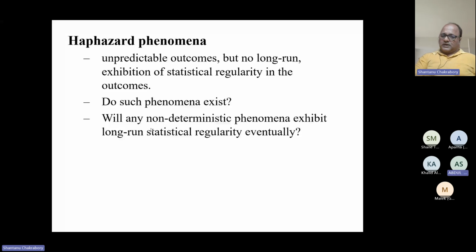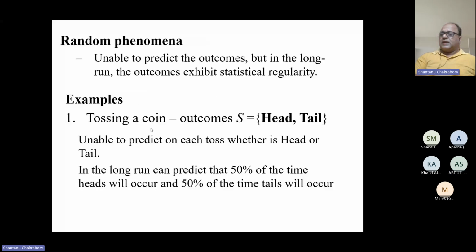Such a phenomenon exists with any non-deterministic phenomenon, which in the long run exhibits statistical regularity eventually, right? So in the random phenomenon, we are unable to predict the outcome. What are the examples of random phenomena? For example, tossing a coin, which will have two different outcomes.